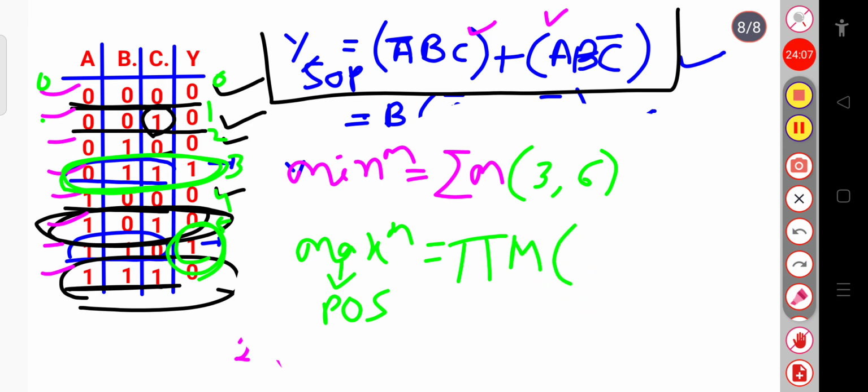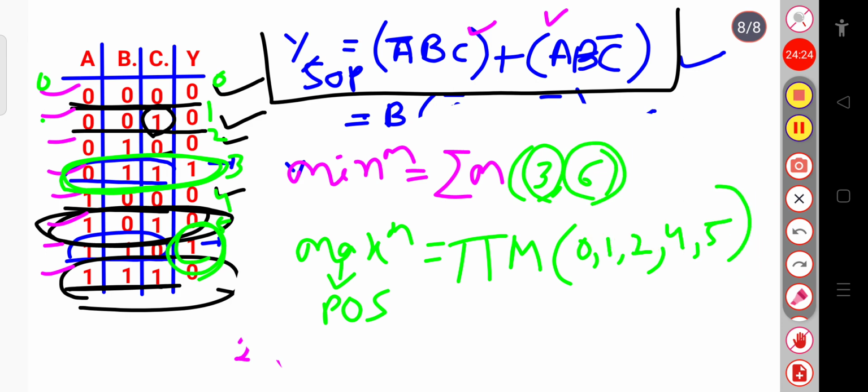Here you can see the absent terms, starting from 0, 1, 2. Since 3 is present, do not write it. Then 4, 5; here term 6 is present, then 7. So the terms are 0 1 2 4 5 7.